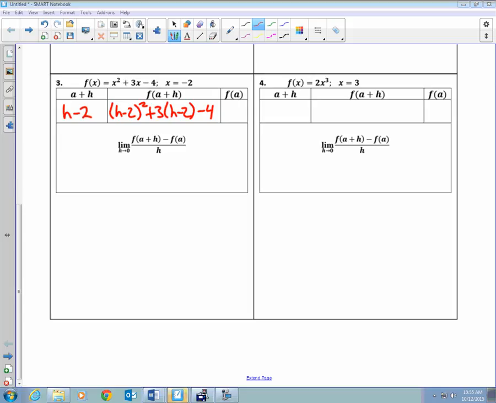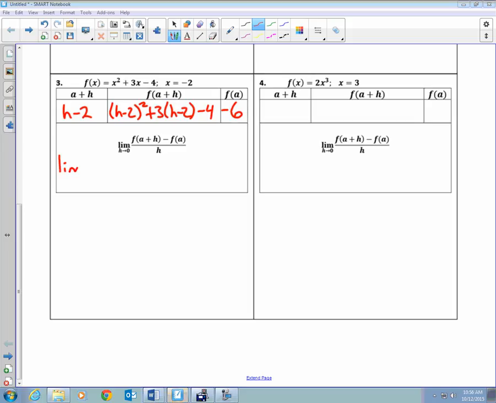That's the function with h minus 2 plugged in. And now I have to do f of a, meaning I plug in negative 2 for the function. When you do that, what do you get? Negative 6. I plug negative 2 into this, and I get negative 6.